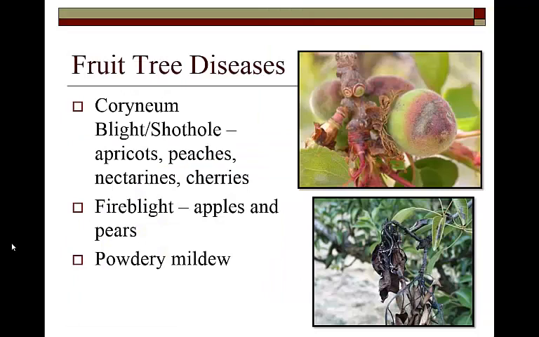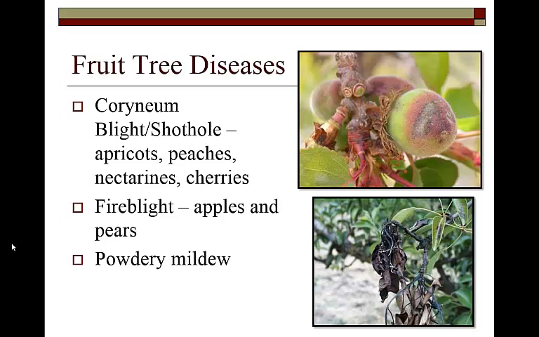Some of the typical diseases: with coryneum blight or shot hole, we typically see that on apricots. Sometimes we'll see it on peaches if we've got enough of it in the orchard. Fire blight, last year we saw quite a bit of that flare up on apples and pears, even your ornamental pear trees. And then some powdery mildew.